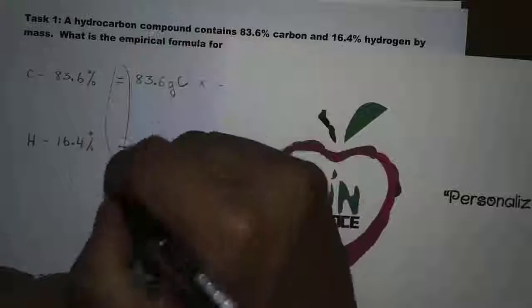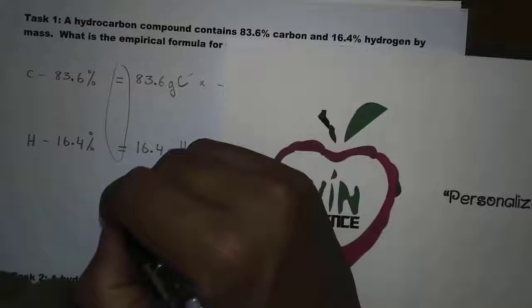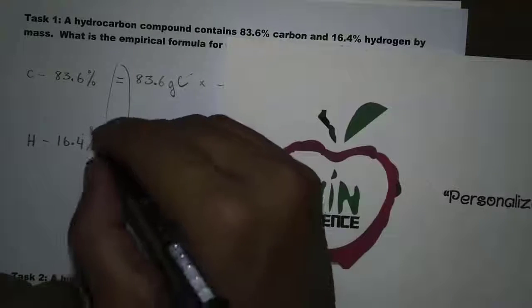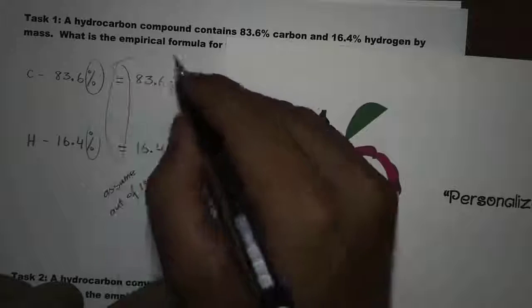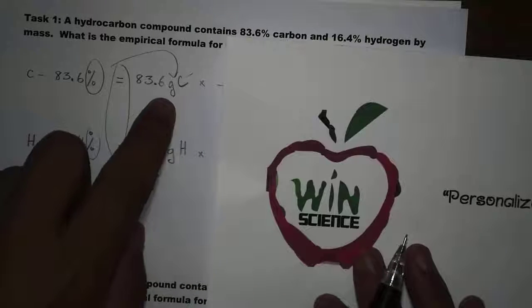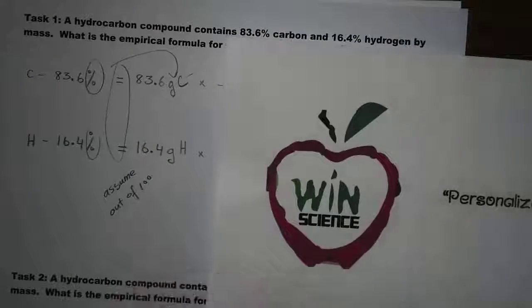So again, this is assuming out of 100 to give us that percentage to gram. So once we have our grams of carbon and hydrogen, of course we can now convert to moles, because that is step 2 right there. Okay, convert to moles.